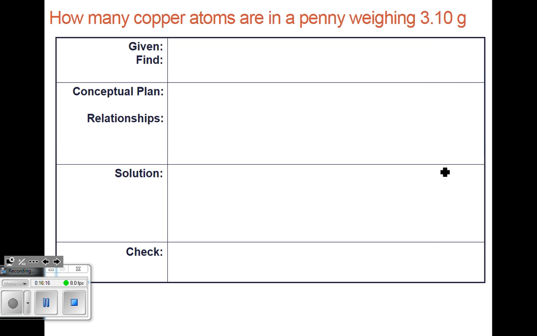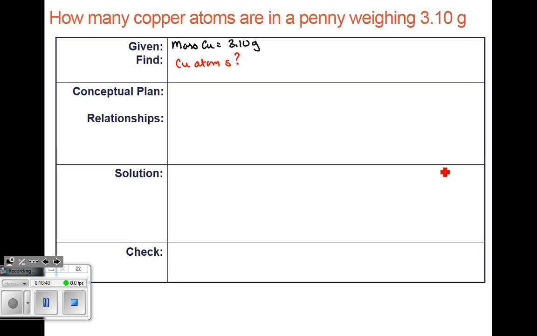So we're given the mass of our penny, and we want to know how many atoms. And that's all we're given. Now we don't need any more because we can look up everything else we need.